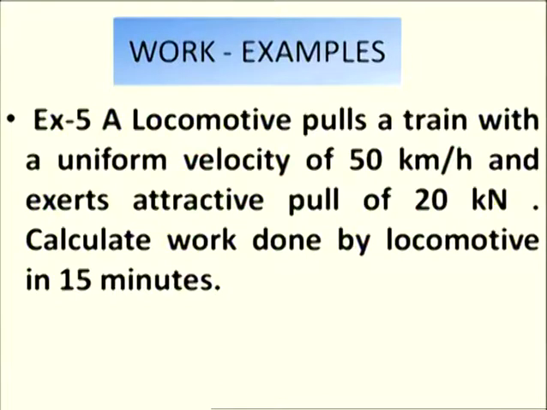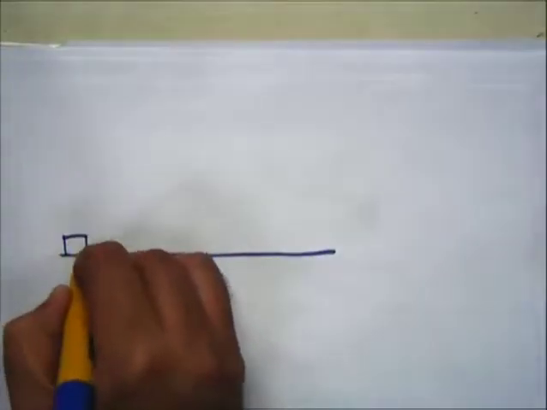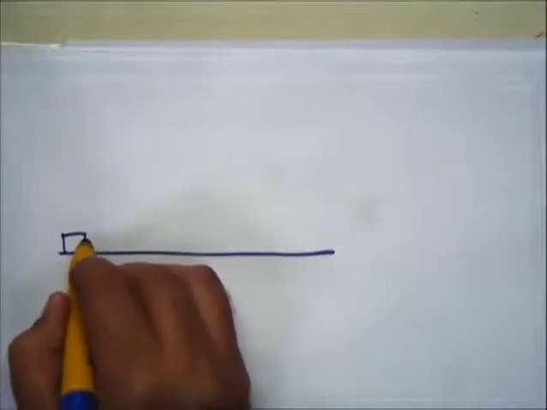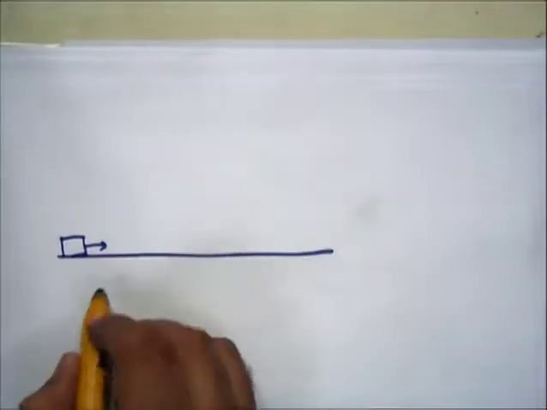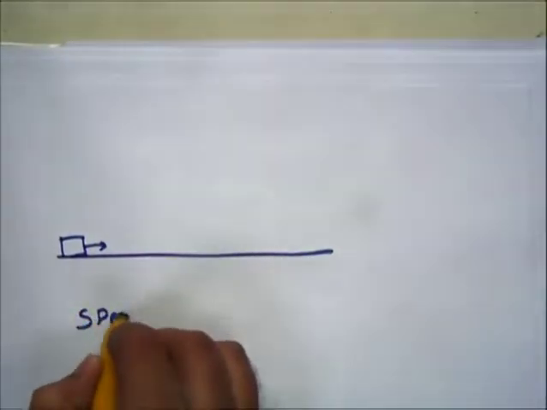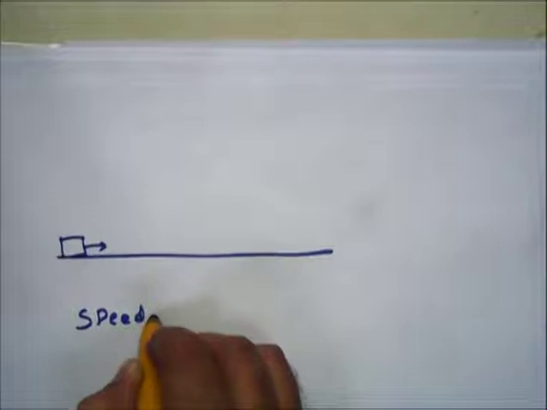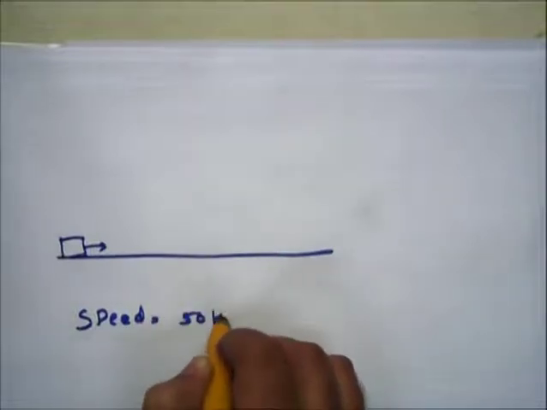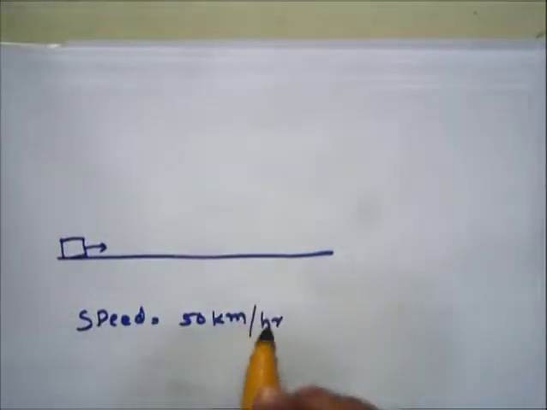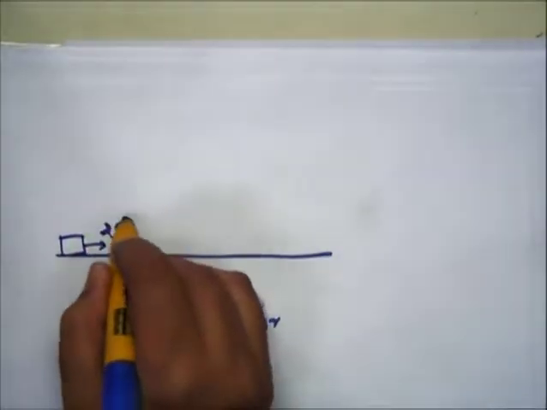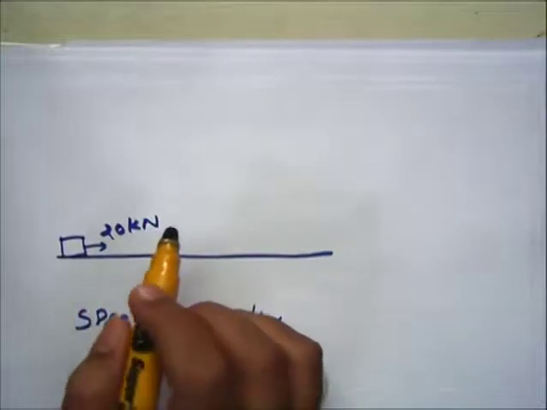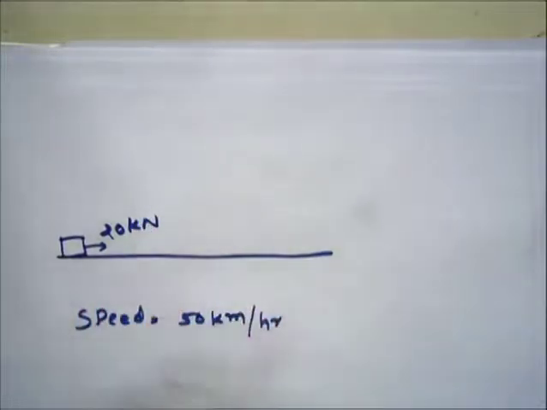So let us understand this problem. Locomotive is pulling the train in this direction, and speed of the locomotive or train is 50 km per hour. Pull is 20 kilonewton.